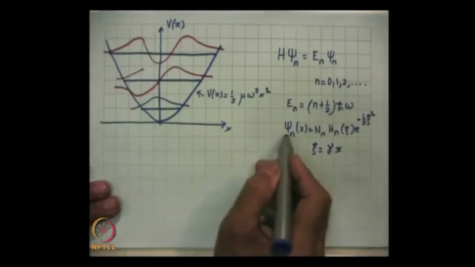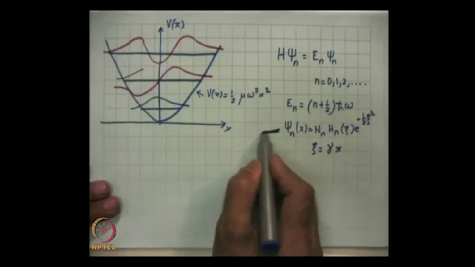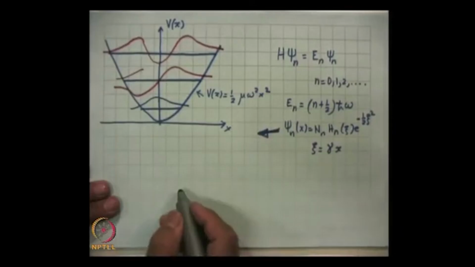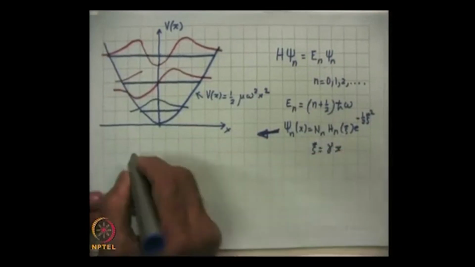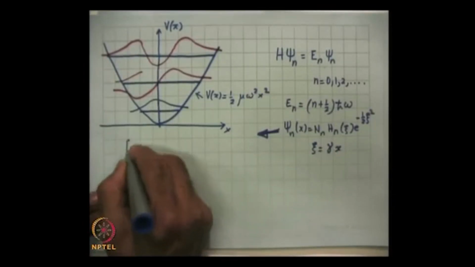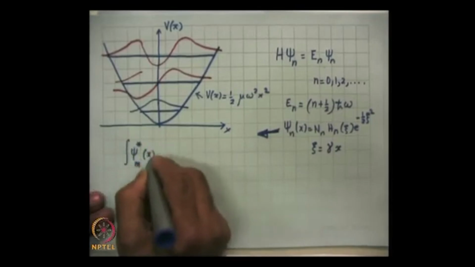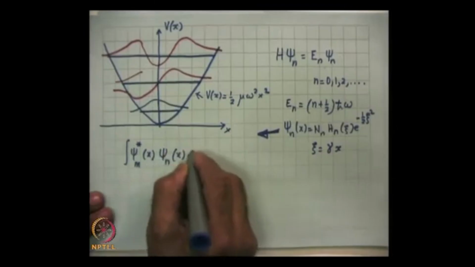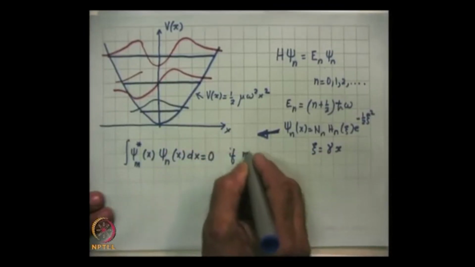As I had discussed in my last lecture, these wave functions form a set of orthonormal functions. Orthonormal means the integral of psi m star of x psi n of x dx is equal to 0 if m is not equal to n.